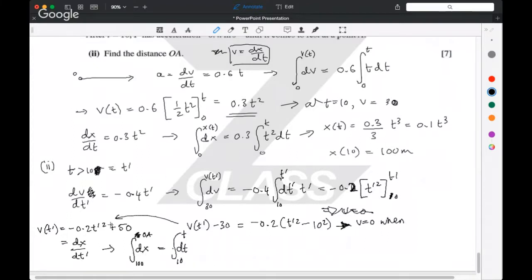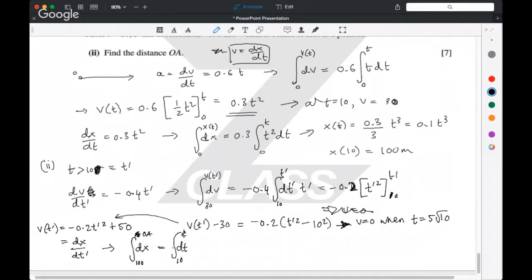So v is 0, and we plug in 0 here and rearrange, and we realize that after 10 seconds, the velocity is 0 when t is equal to 5 square root of 10. So our upper limit here, when x is equal to OA, is t equal to 5 square root 10. And we're integrating minus 0.2 t prime squared plus 50.